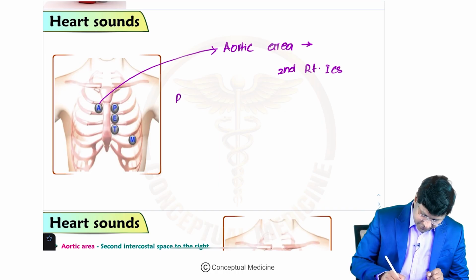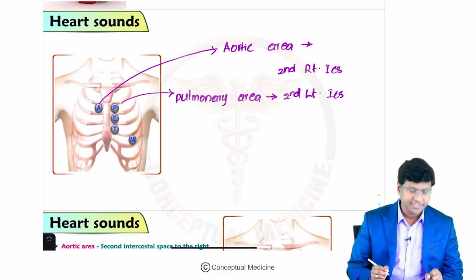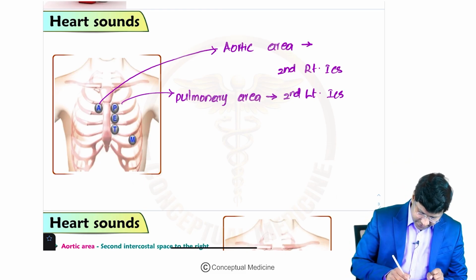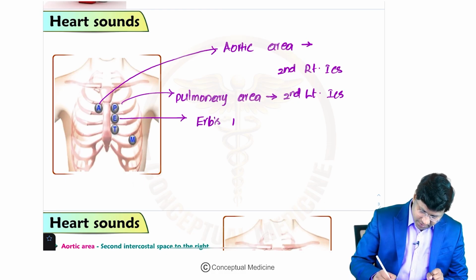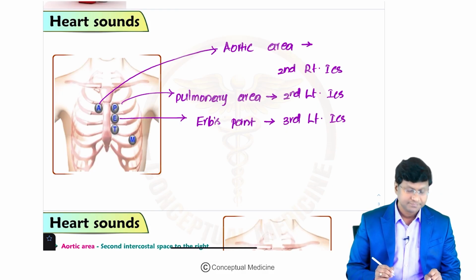And the pulmonary area is present in the second left intercostal space adjacent to the sternum. That will be the pulmonary area. Then the Erb's point is present in the third left intercostal space adjacent to the sternum.